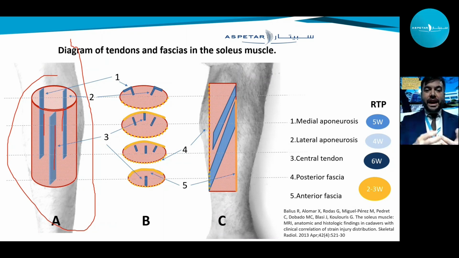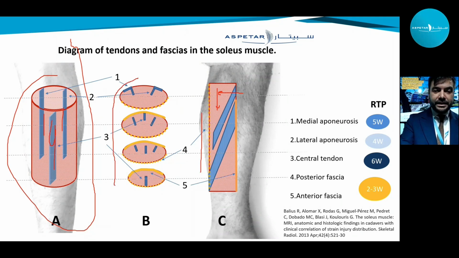The two proximal are called the medial and lateral aponeurosis, and the distal one is called the central tendon. All of them go from anterior to posterior and from superior to inferior, from top to bottom. There are also two fascias, the anterior fascia and the posterior fascia.